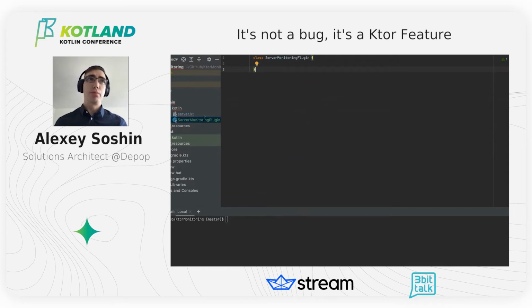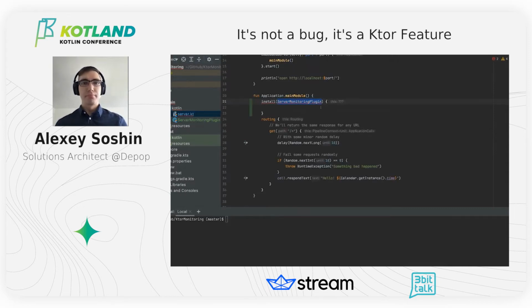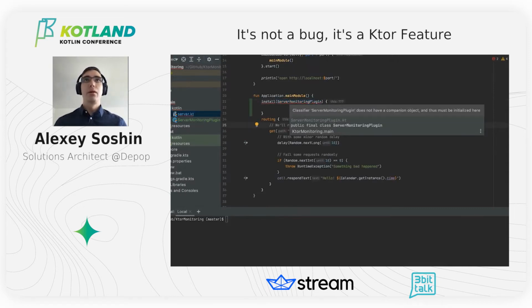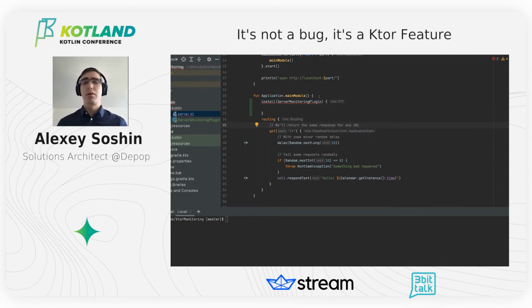It doesn't do anything at the moment. Now we get a hint from IntelliJ that this class needs to have a companion object. For those who are not familiar with companion objects, this is basically a static factory method that we need to implement. So we don't invoke the constructor on that class, but this factory method will initialize the class for us.